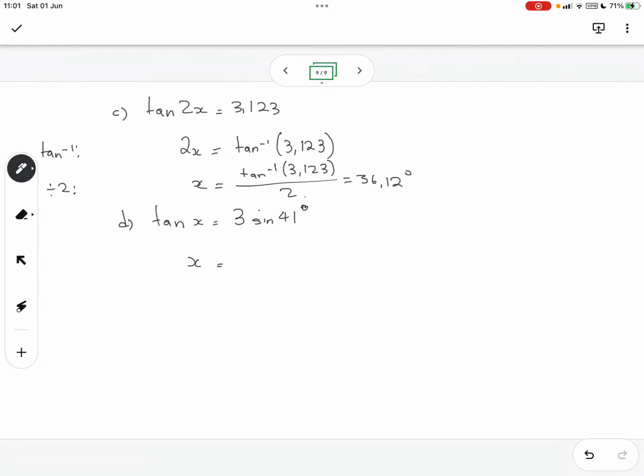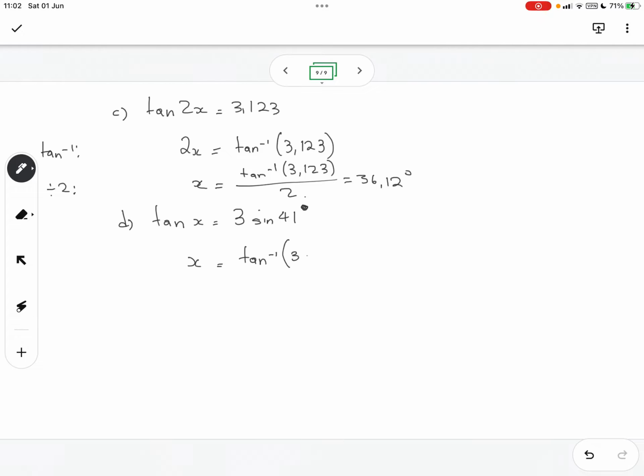Because I know if I applied the correct math in solving for the unknown, then when I evaluate the answer, I'll get a correct answer anyway. So I'm just going to go ahead and do my step. But anyone is welcome to work out first sine 41 multiplied by 3, and then the arctan of that answer. Try that, and then let's see if we get to the same answer.